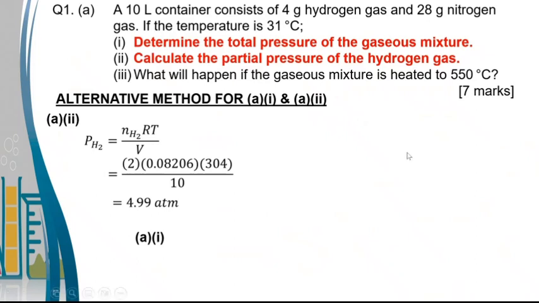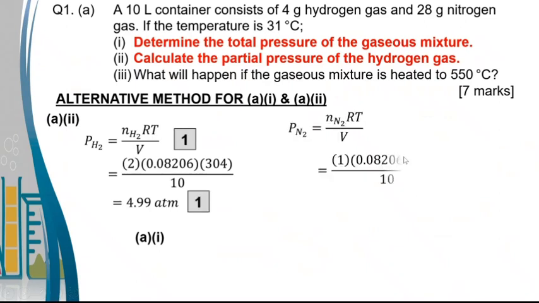Using the same method, they are able to calculate the partial pressure of nitrogen gas, which involves 1 mole of the gas multiplied by the gas constant and temperature 304. 304 is 31 plus 273.